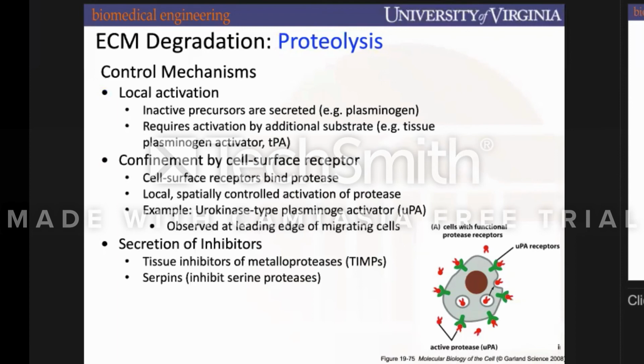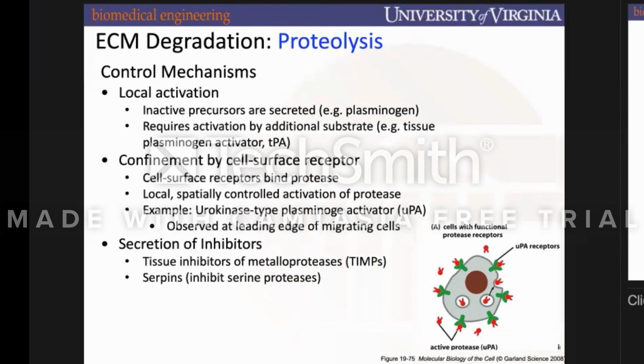And so the local activation plays an important role for activating precursors that are being secreted. And sometimes will require a co-substrate, like matrix metalloproteases that require a metal ion.